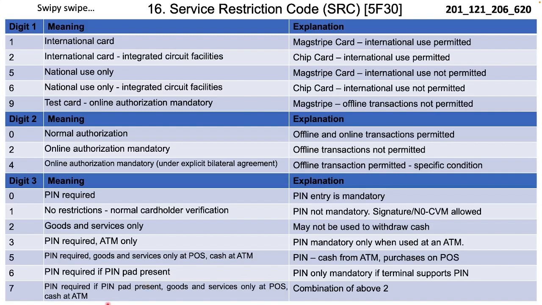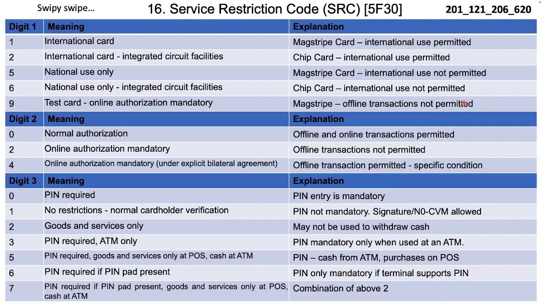And 7 means that if a PIN pad is present, then you have to do a PIN, but goods and services only at POS and cash at ATMs are similar to a 5, except that it's basically a combination of this one and this one.